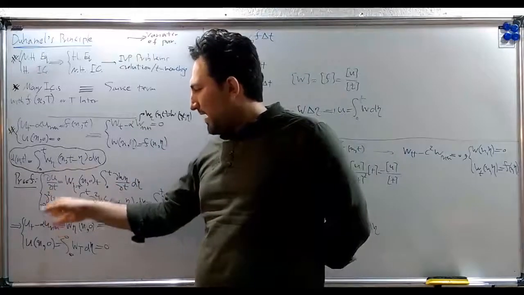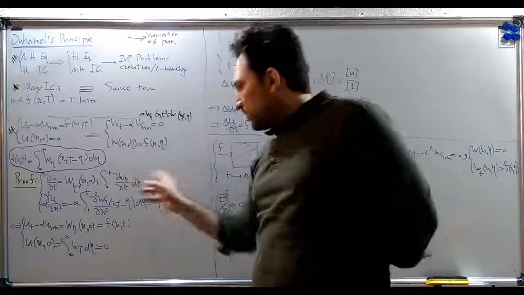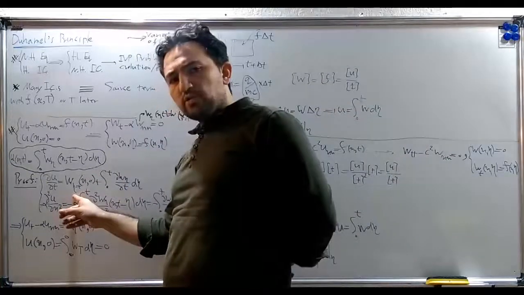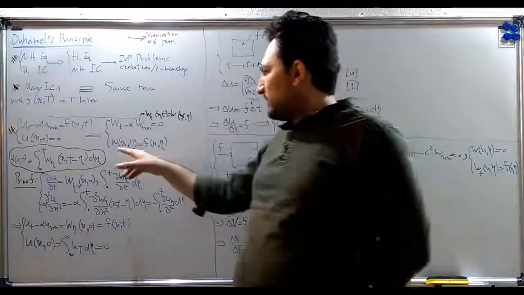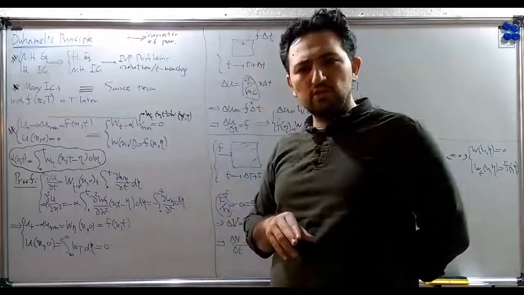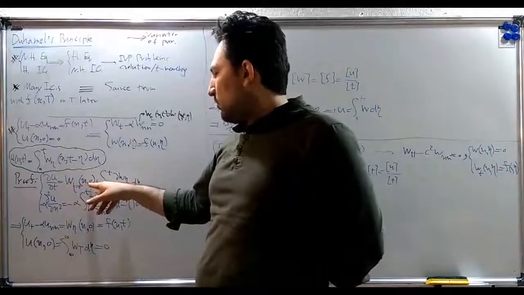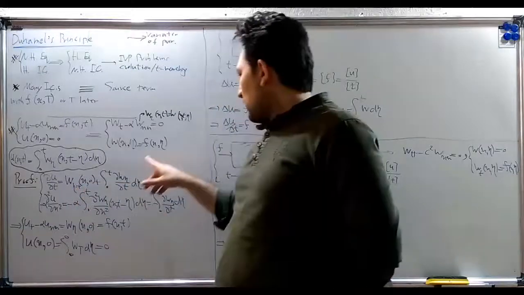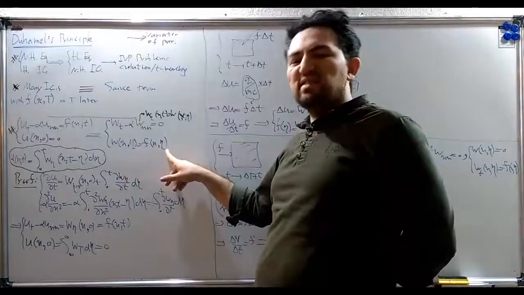So when you add these two derivatives, these two terms will cancel out, and the only remaining term is the first term. And if you look at the initial condition of the second equation, the value of w when eta equals t is equal to f of x and t.